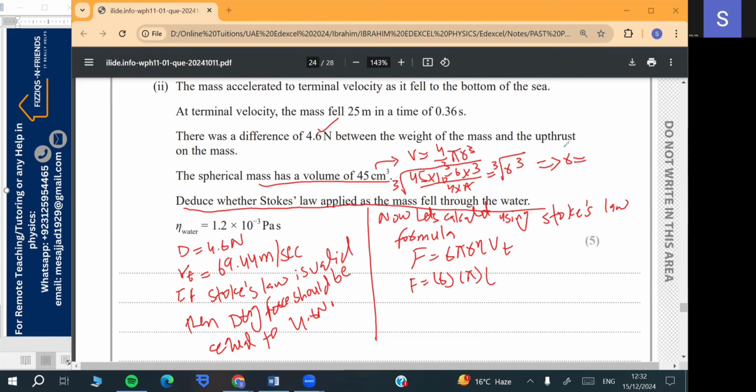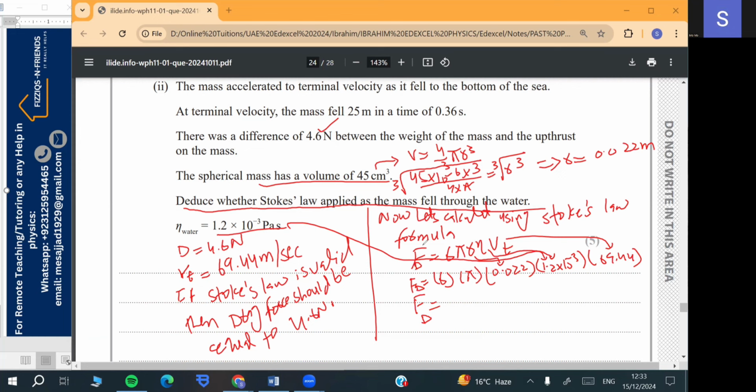Let me calculate that. The radius comes out to be 0.022 meters. So here I put in the radius 0.022, eta, which equals 1.2 times 10 to the power minus 3, and the terminal speed, which equals 69.44. When I calculate all of them, I get the drag force Fd equal to 0.0348.